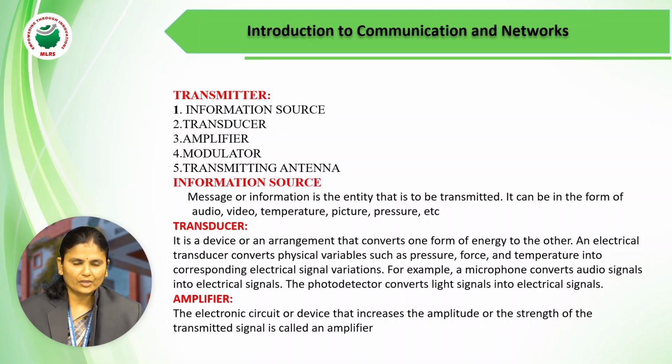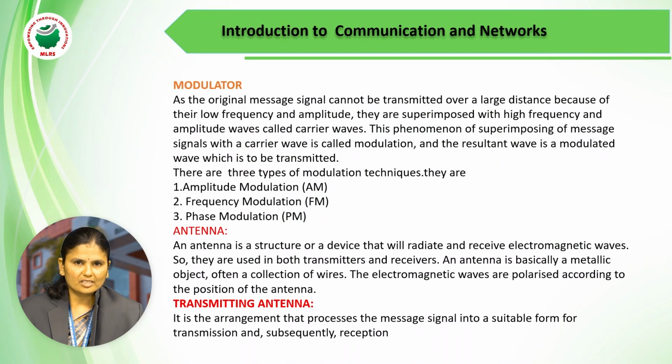For example, the microphone is used to convert our voice signal into an electrical signal, and the photo detector is used to convert light signals into electrical signals. Then this electrical signal is given to the input of the amplifier. The amplifier strengthens the weak signal, meaning it increases the voltage level of the electrical signal, and this electrical signal is given to the input of the modulator, and another input of the modulator is the oscillator.